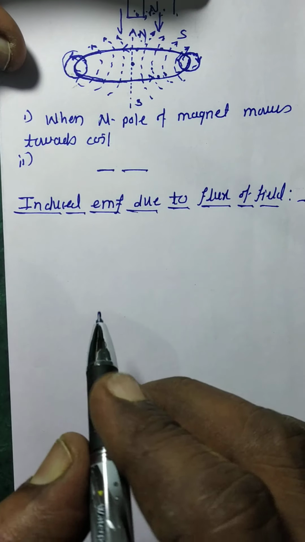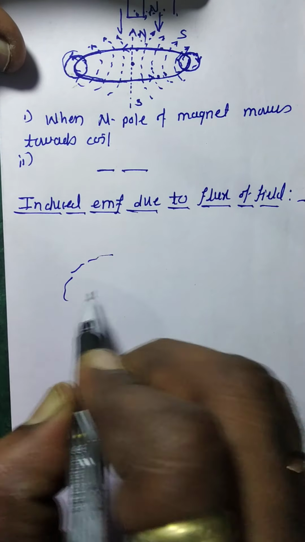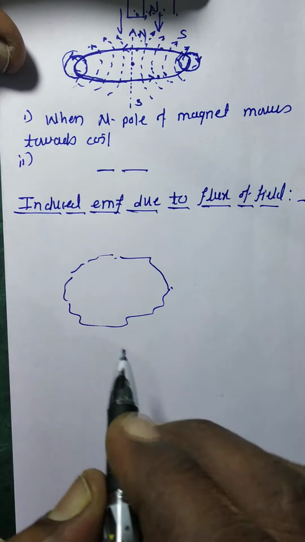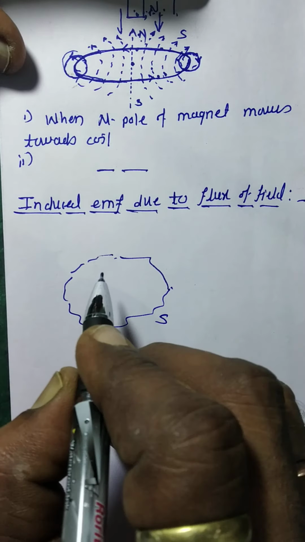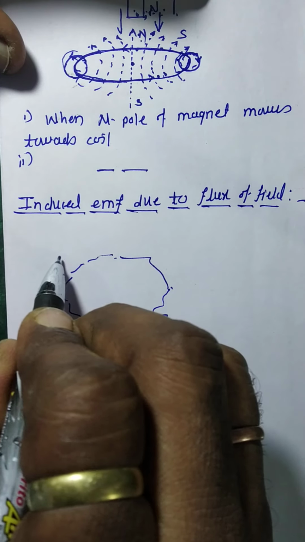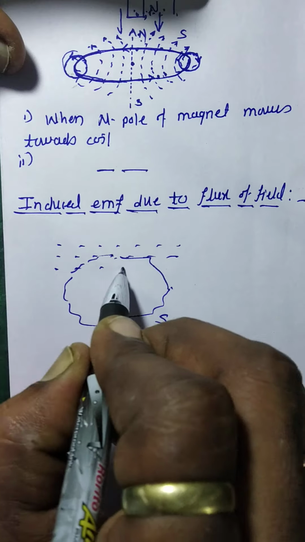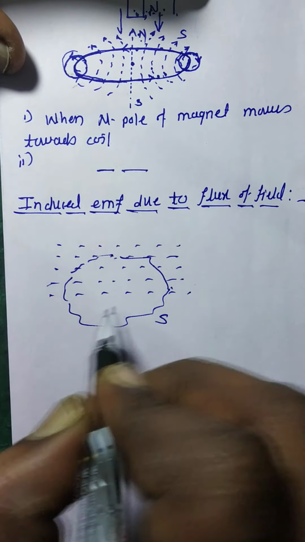Now see, consider a small area, situated in a magnetic field. Suppose this one is the magnetic field like this.